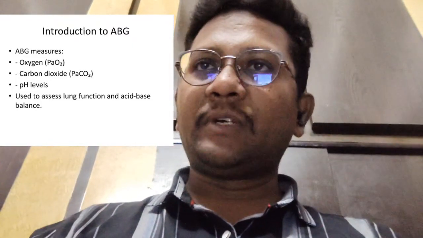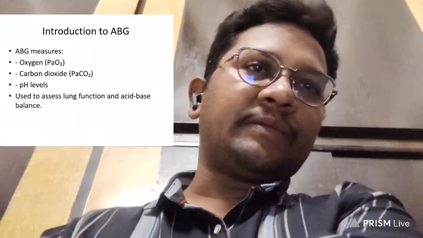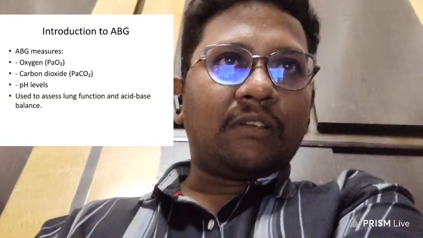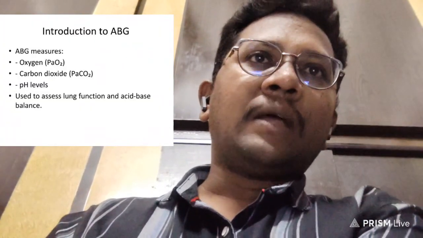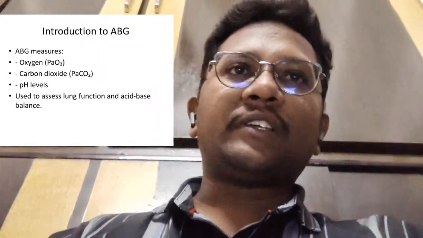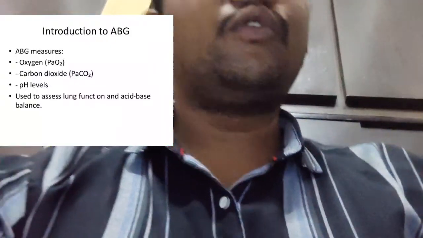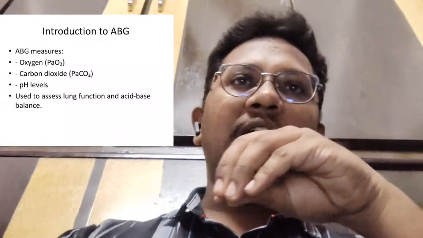So, introduction to the ABG. ABG is arterial blood gas analysis. It is a diagnostic test which measures the amount of oxygen, carbon dioxide, and pH level of the blood taken from the artery. Coming to the purpose, it is to assess how well the lungs are moving oxygen into the blood and removing the carbon dioxide.